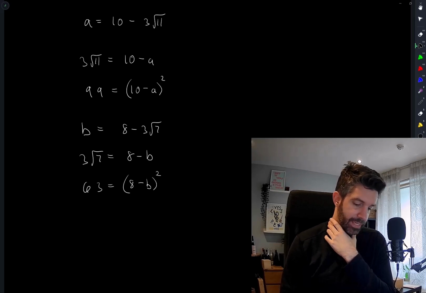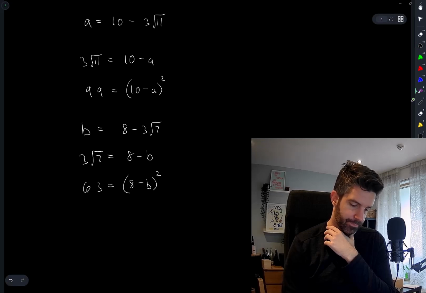Maybe this is the way to go, rewrite things in this way and see. I notice that this is 1 less than that squared. This is also 1 less than that squared.